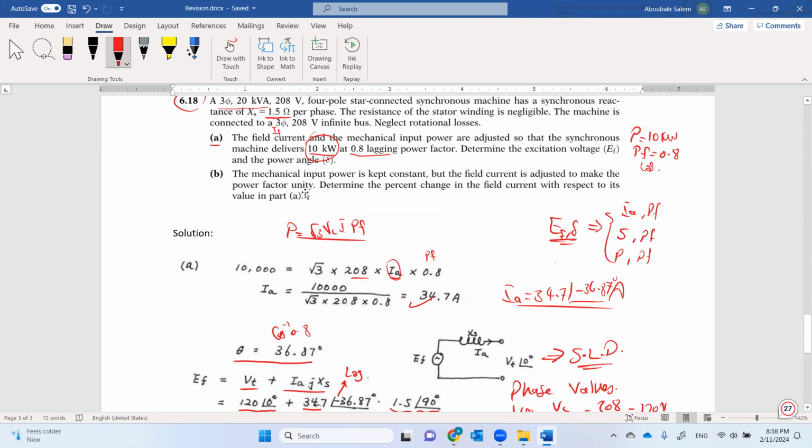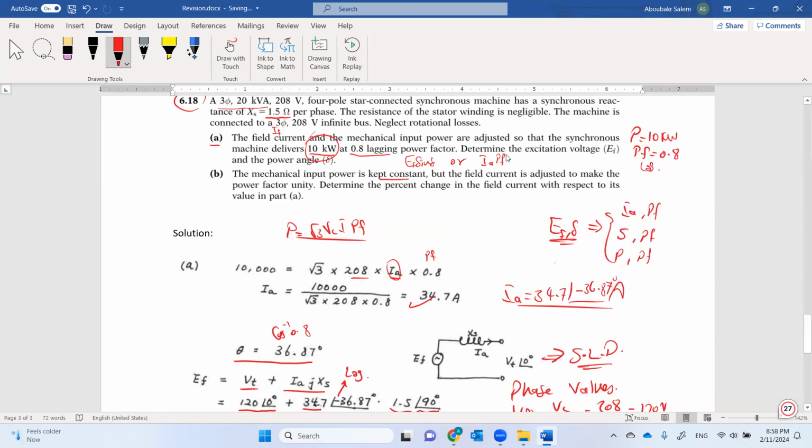The second part here, guys, I said the mechanical input power is kept constant. So once you hear that the power is kept constant, remember the relation of constant power. What is the relation? EF sine delta is constant, or IA power factor is constant.